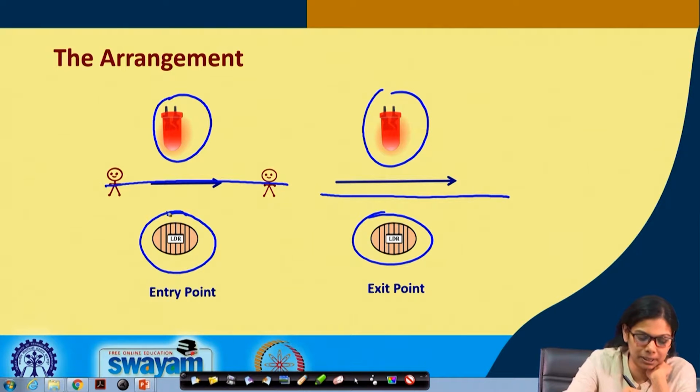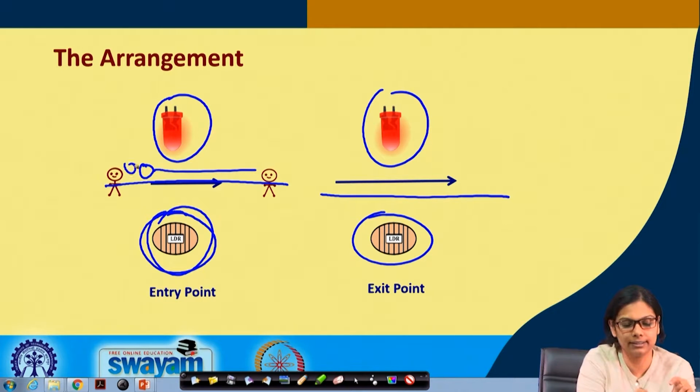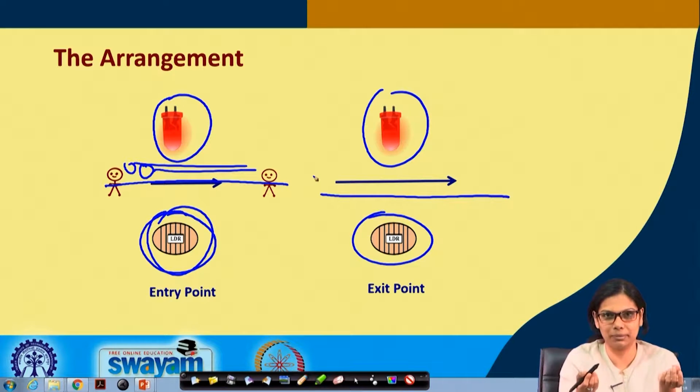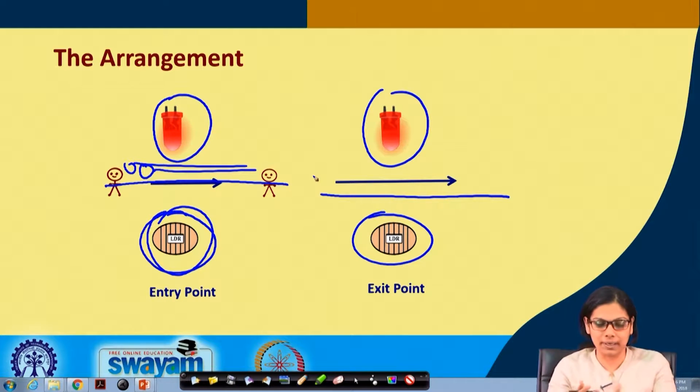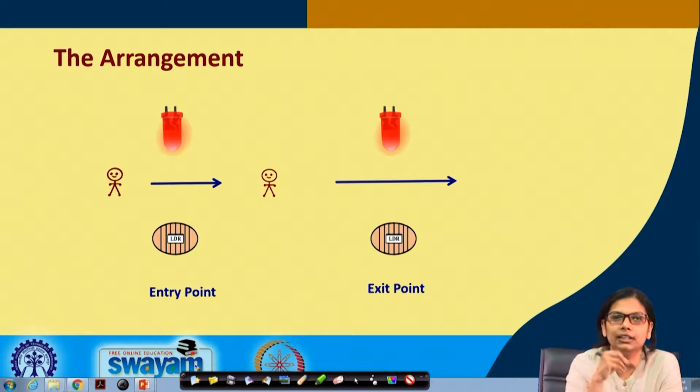You can keep the LED and this LDR at the front end of the tube, and put the medicines in one by one, and each time there is an interruption the counter will get incremented. You can do a variety of experiments. Here we are doing a person counter. This is one kind of arrangement that you can make for the LDR.